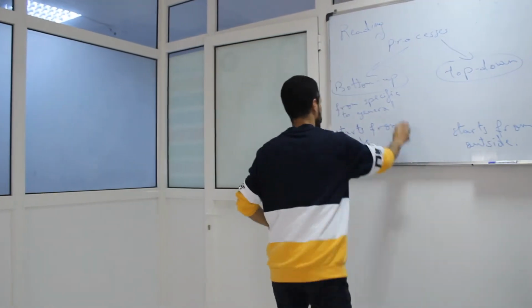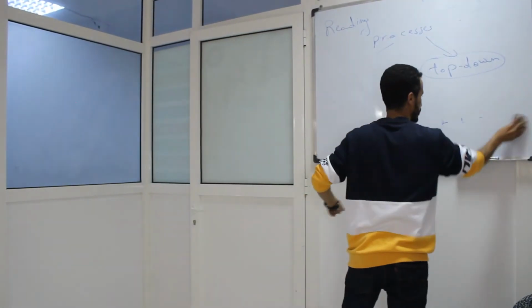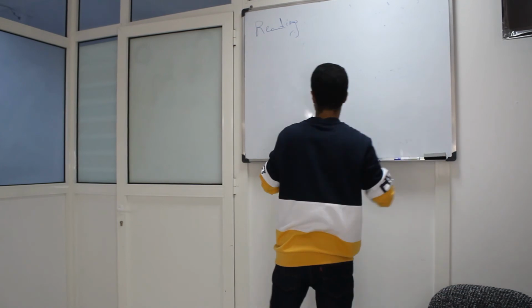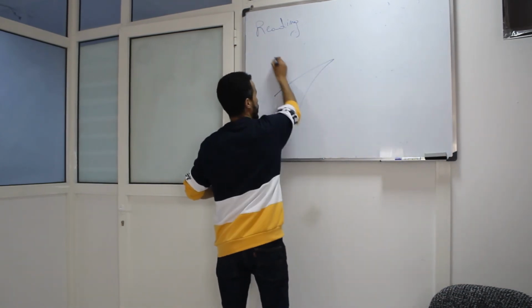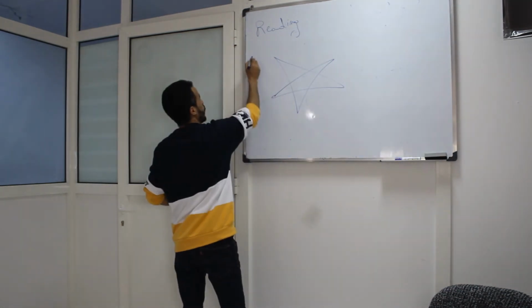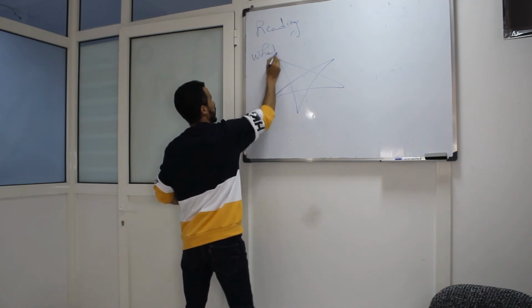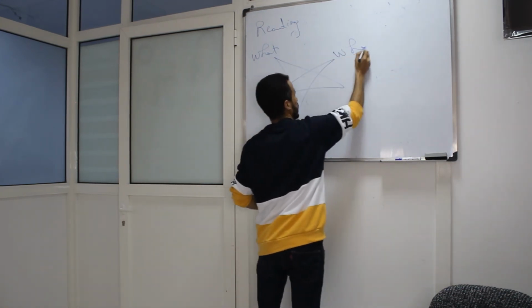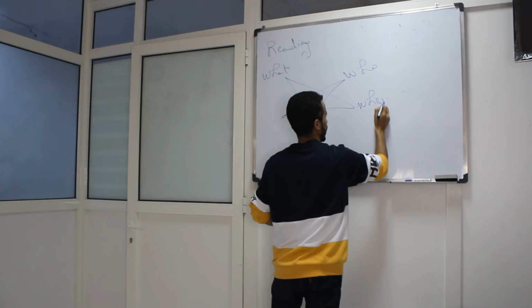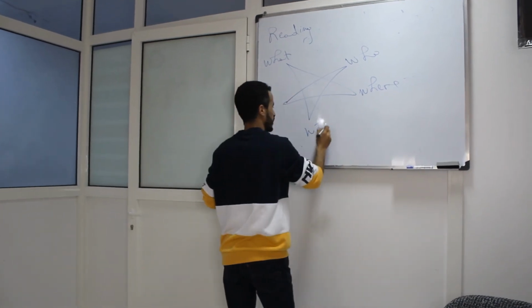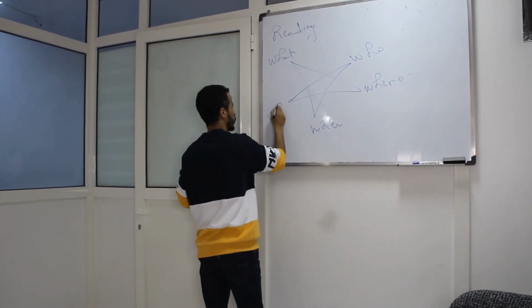Number 2, if there is a picture, we call it the star game. Star, you know star game? What, who, where, when, and you can say why or how.